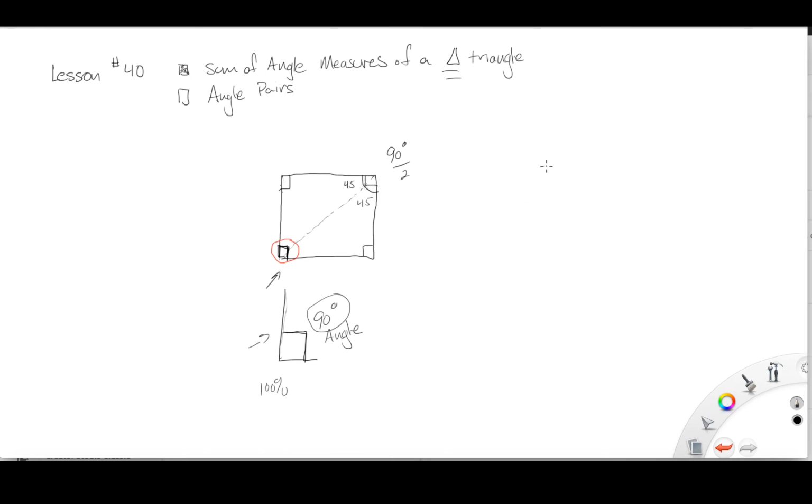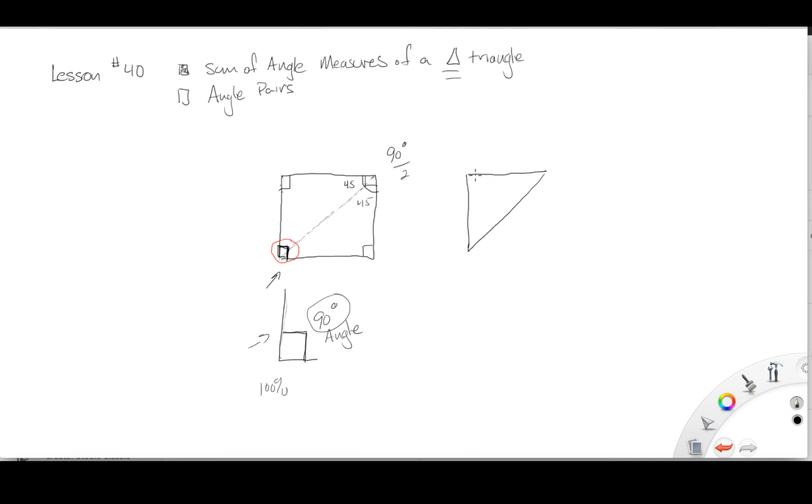Okay, so if we have a triangle, notice I've bisected this box, and I'm going to draw as close as I possibly can half of the box.